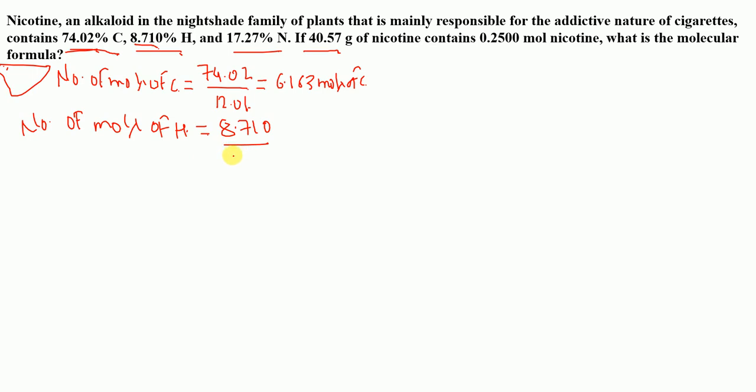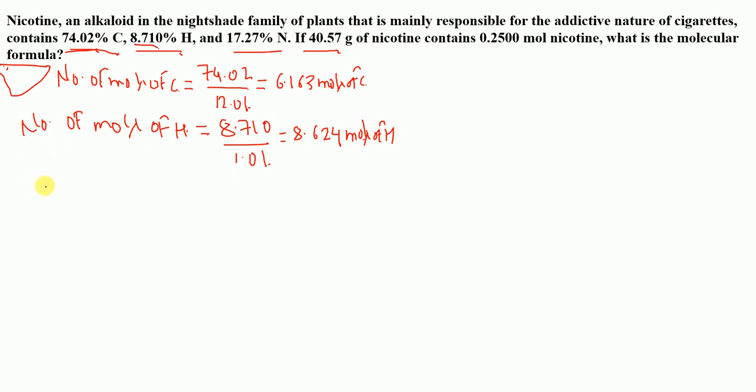From the periodic table, we know that the value is 1.01. When we divide this number by this, we will get 8.624 moles of hydrogen.